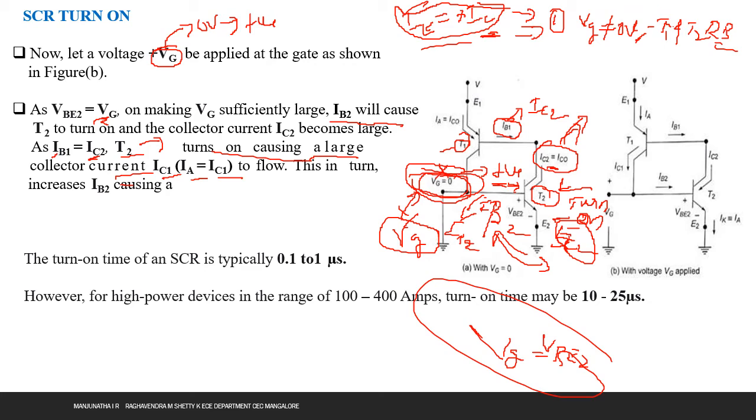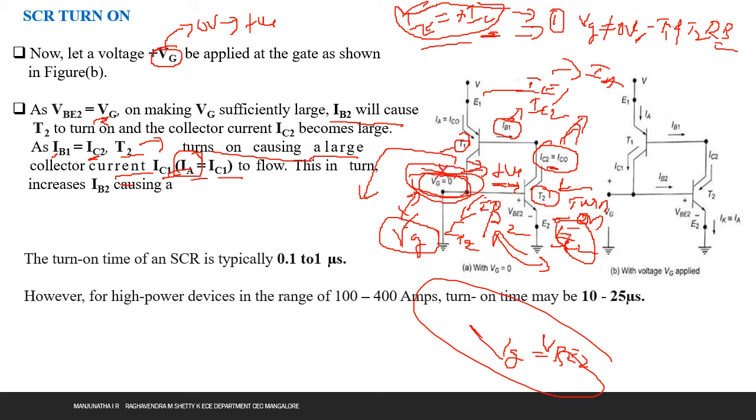So where is IC1? IC1 is here. Emitter current is almost equal to the collector current, so the collector current we are getting is almost equal to the emitter current, IE1. And this IE1 is the current at the anode, which is equal to the anode current.